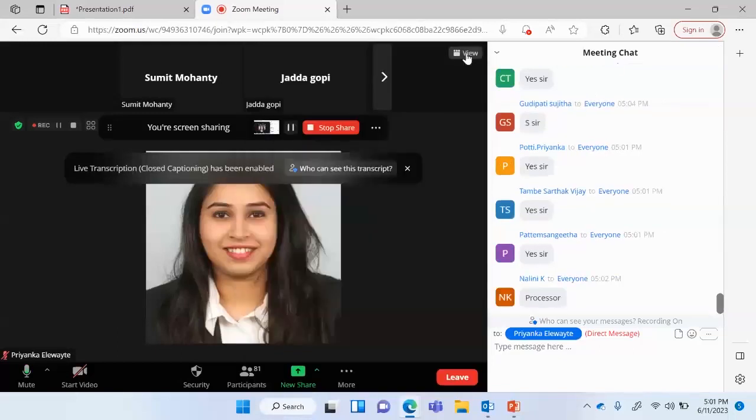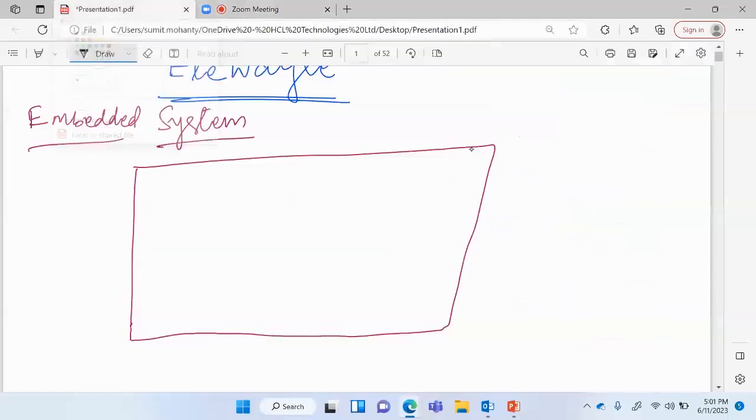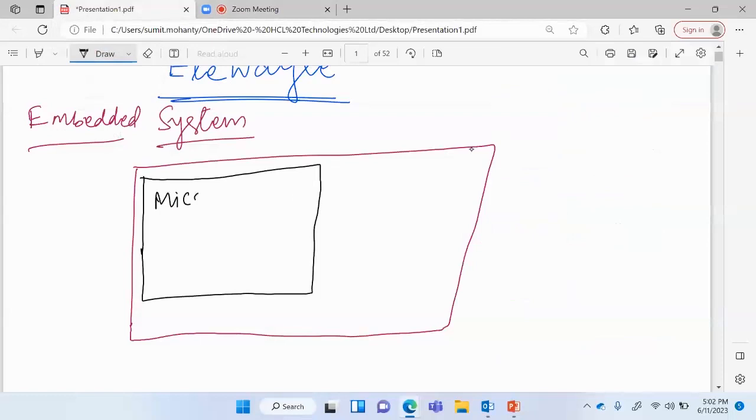So basically what you are telling is a processor. What we do is, instead of that, we put something called a microcontroller.